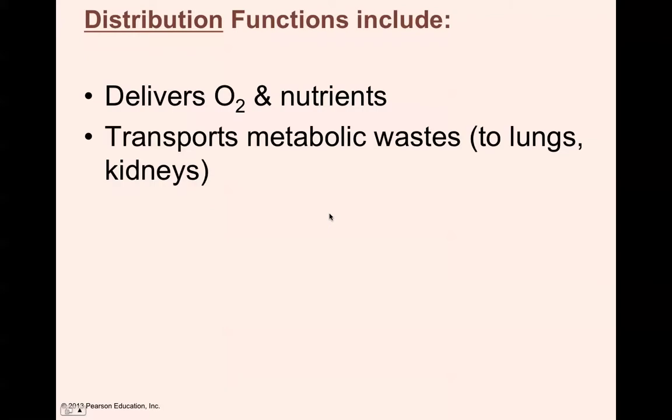So the distribution functions include delivering oxygen, O2, and nutrients to the cells. It also transports metabolic wastes from the metabolizing cells to the lungs and to the kidneys for elimination. Blood also transports hormones throughout the body.